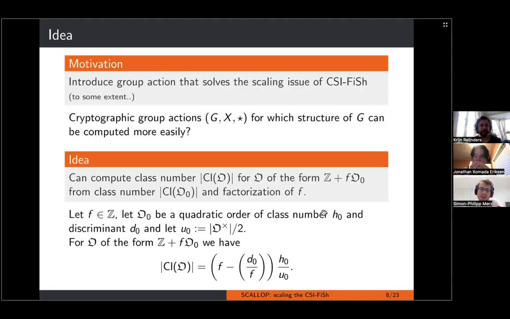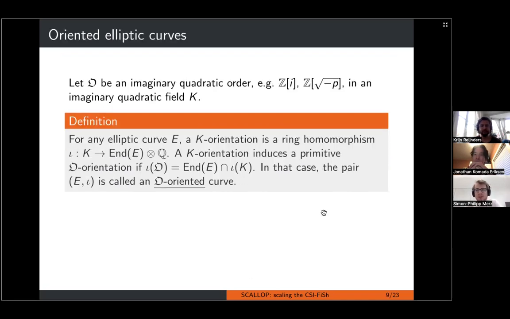Now, with this observation, the natural question is how can we build maybe a class group action that uses these different imaginary quadratic orders where we might compute the class group structure more easily, which gets us to the topic of oriented elliptic curves. I think there were some talks in a previous season, but let's just recall the definition for now.